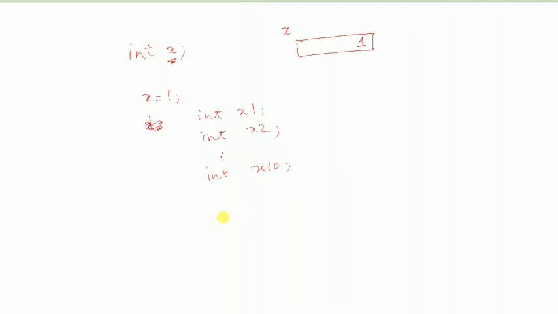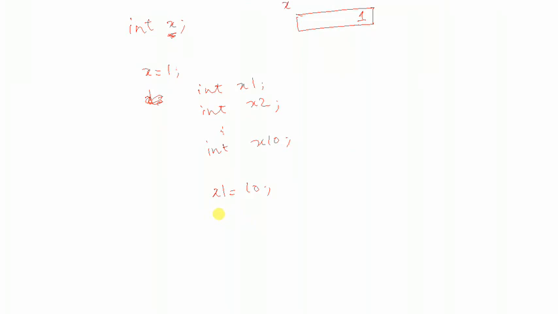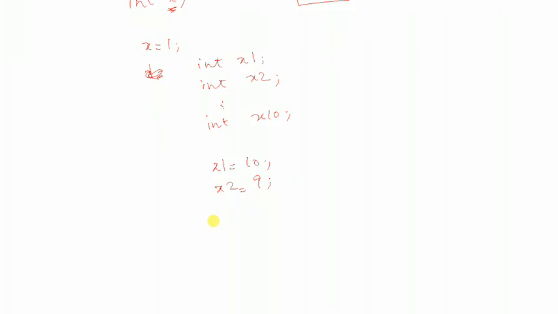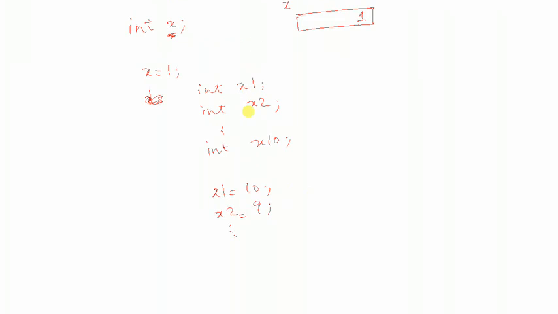Then for each one you have to store the value, like x1 is equal to 10, one kid is 10 years old, x2 is equal to 9, and so on. So it's not too practical actually.